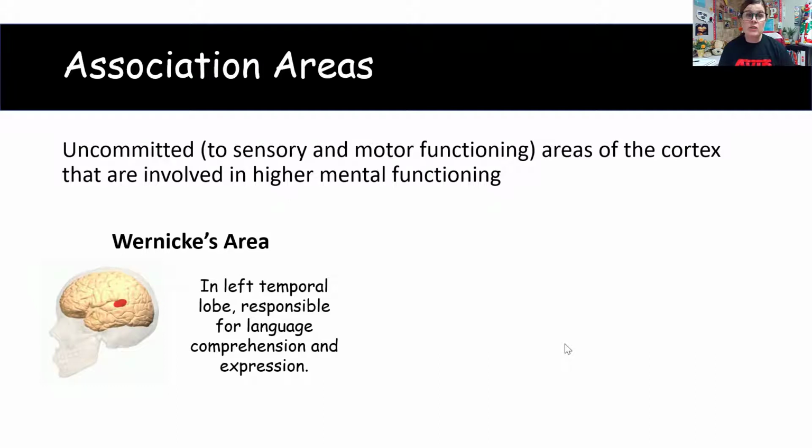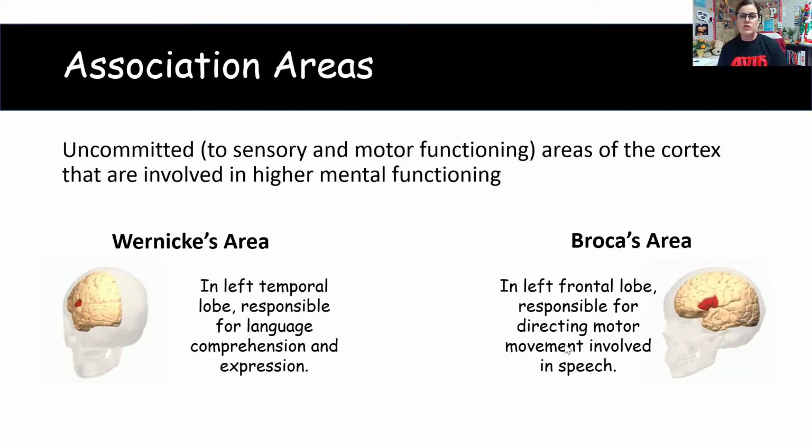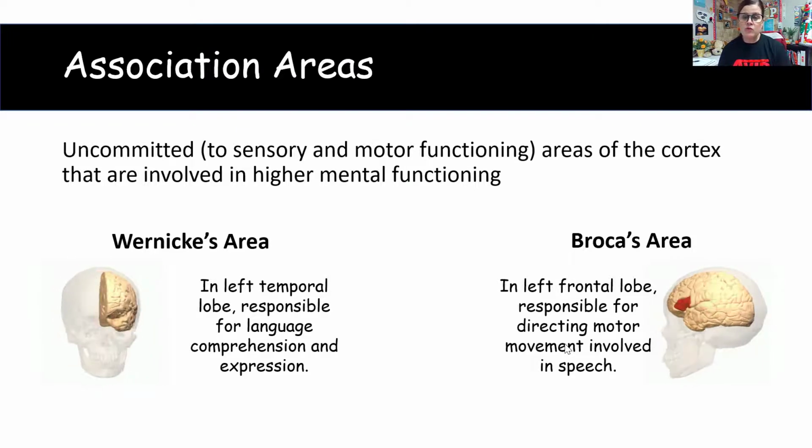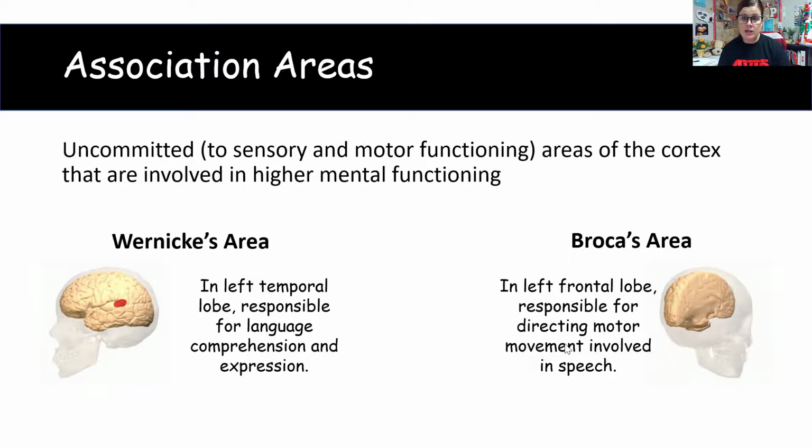One of those association areas is the Wernicke's area, which we've talked about before when we've talked about language. The Wernicke's area is located in the left temporal lobe, and it's responsible for language comprehension and expression.